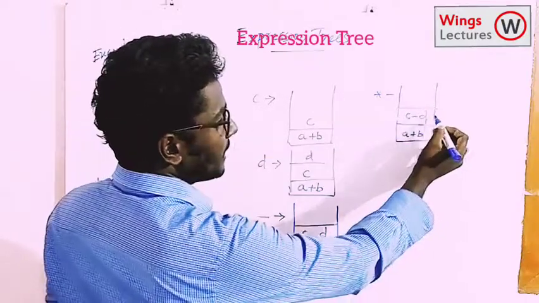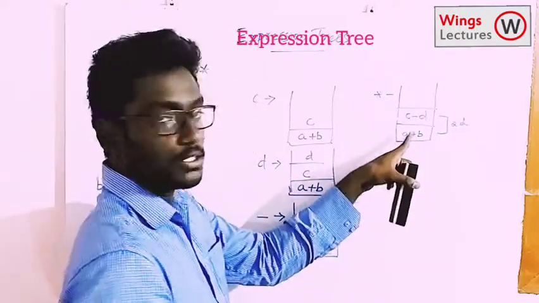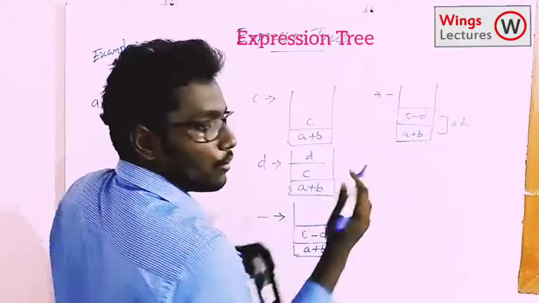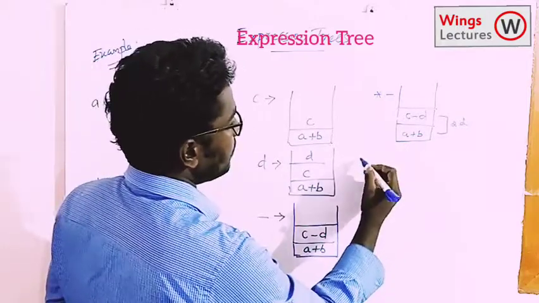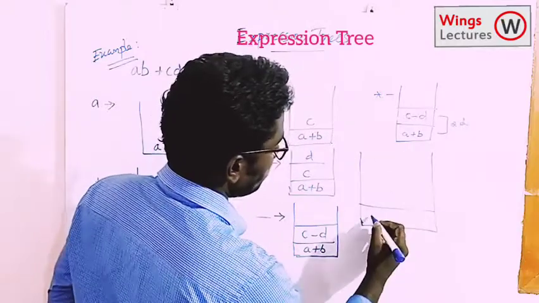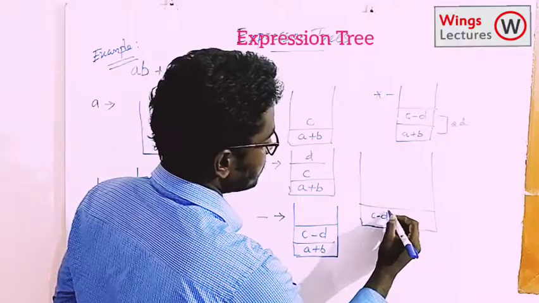For that I have to take the last two elements from the stack, right? So these are the two elements which I am having. How is my expression going to be? This is my final output, C minus D, and then star.